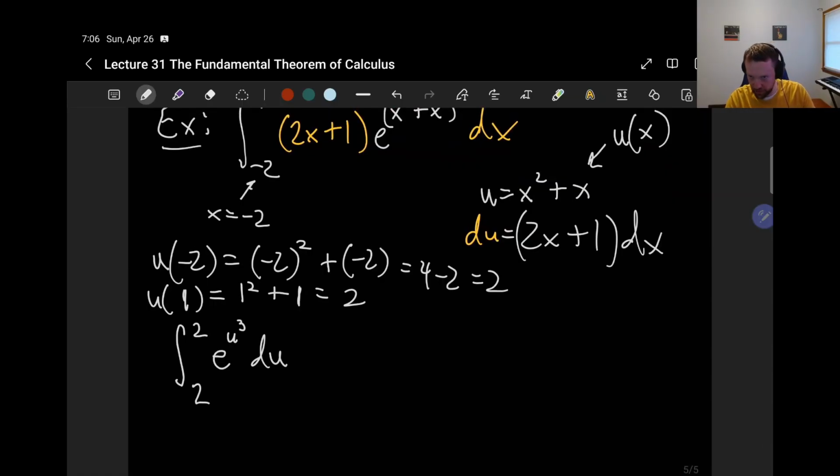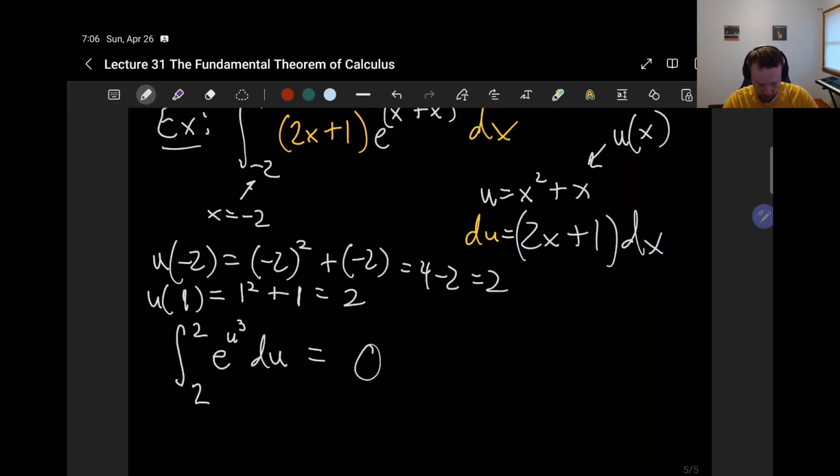And that's a bit of a relief, actually, because I would still be in a bit of trouble with this integral. I still don't really know how to take that antiderivative. But since these limits of integration are the same thing, that makes the picture pretty clear. This must be 0.